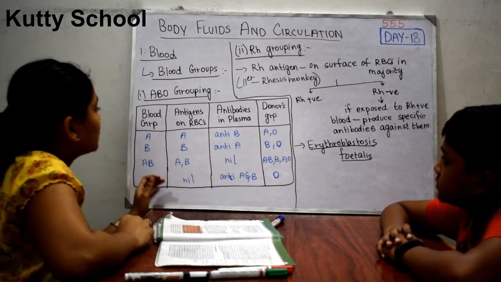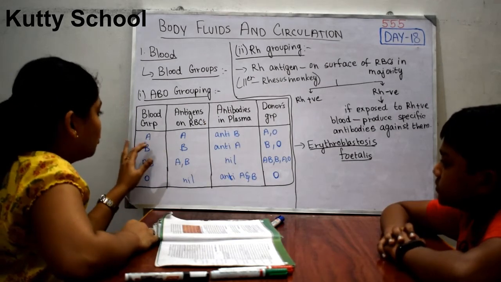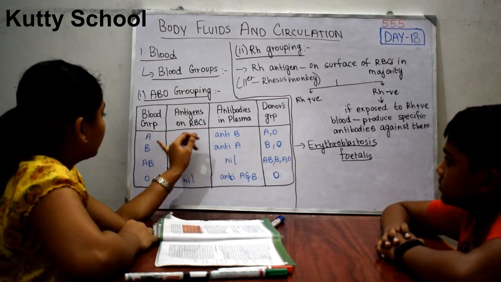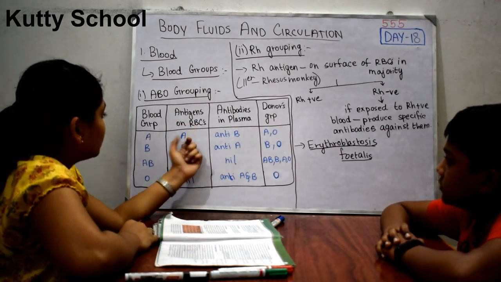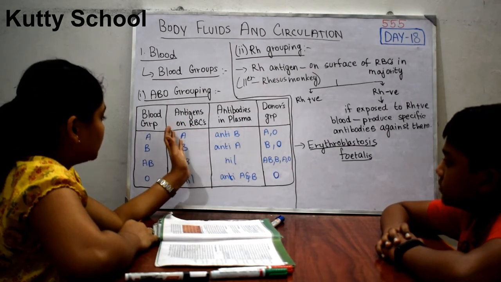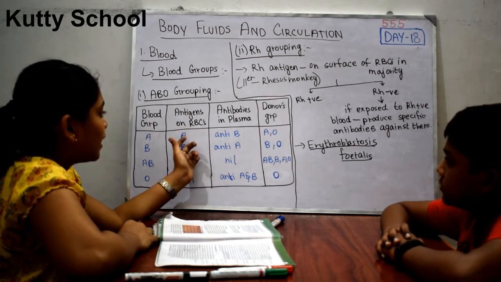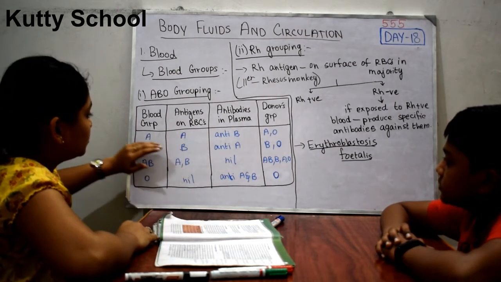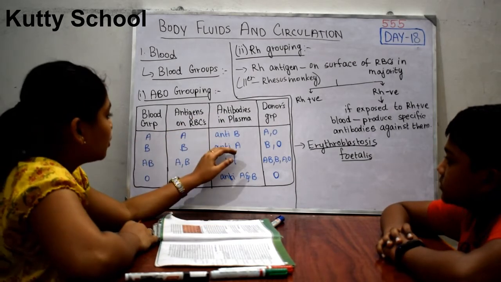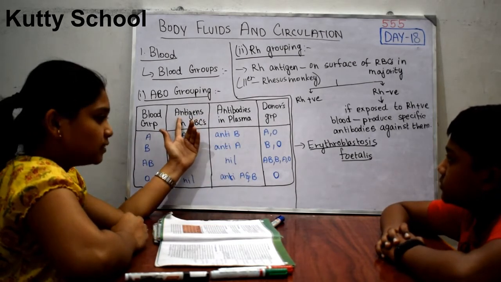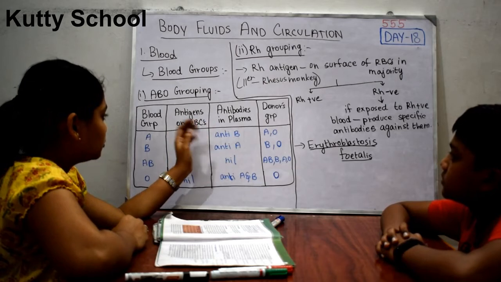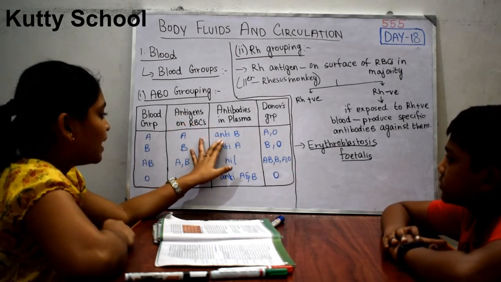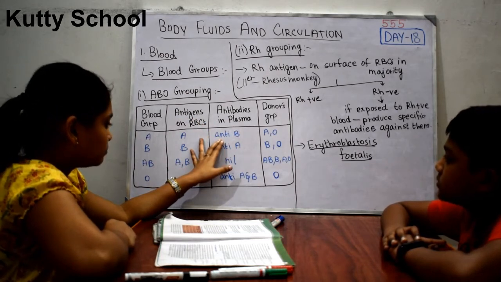Here, blood group A. This blood group has A antigens on RBCs, and that kind is known as A. The antibodies produced against these antigens are anti-B.